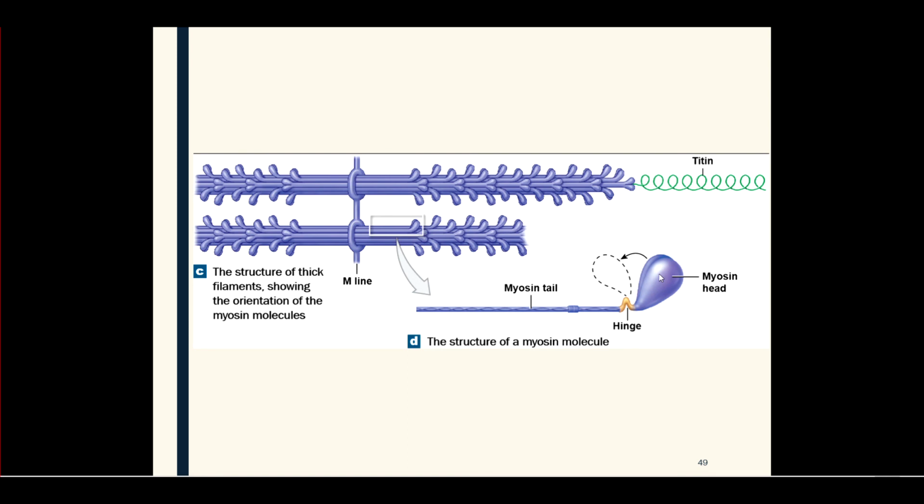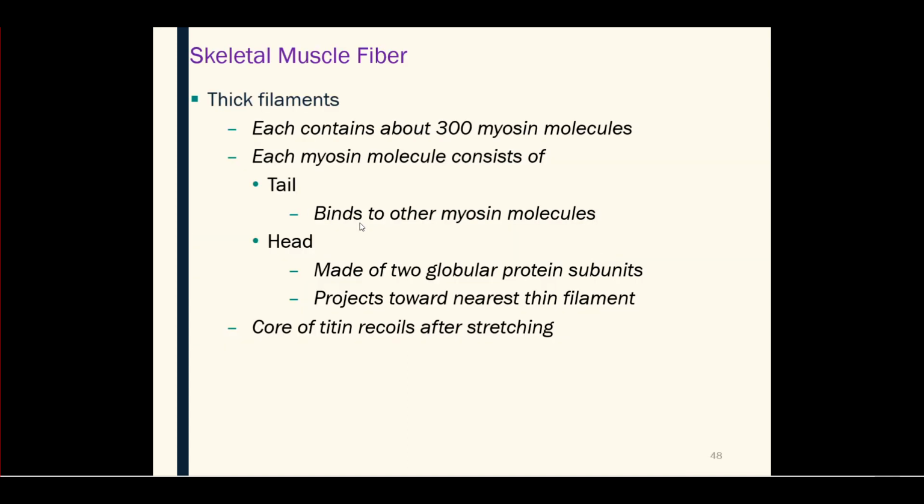That's what would strike the ball. However, unlike a golf club, this head has the ability to pivot. The reason for that is there's a little hinge right here. That's going to become important in our next lesson when I show you how a muscle fiber actually contracts. So just kind of know that the myosin head has the ability to pivot, or swivel is the word we actually use to describe that. Okay, so the tail, that's going to be connected to all of the myosin molecules, right?